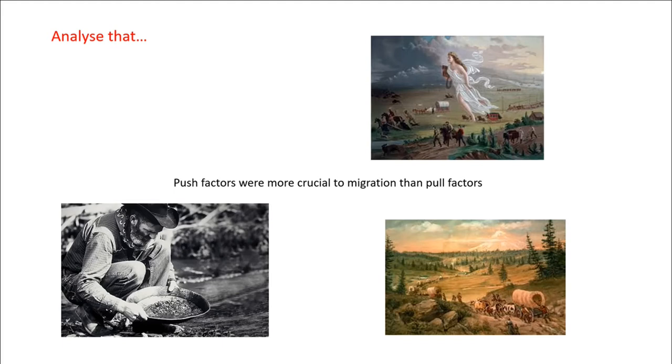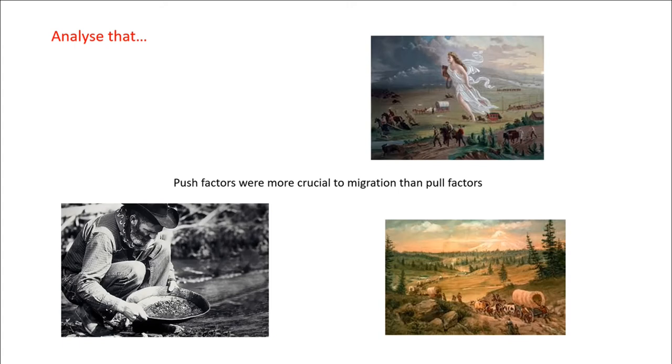But in reality, pull factors were probably more crucial. Pull factors were more crucial because they were the promise of something new and the promise of something better. And that's probably a more powerful motivating factor for people than the problems that existed in the East.